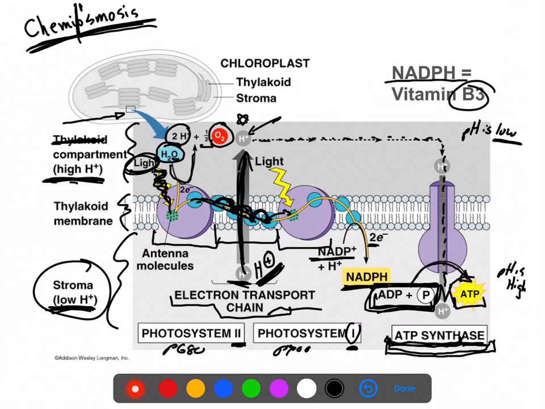And that acid is powering up the enzyme ATP synthase so that it can do this reaction: attach ADP with phosphate and create the second important product of the light reactions. The first one was NADPH. So these 2 products are very important because they are going to feed the Calvin cycle, and that's a separate lecture. Okay, so I want you to review this diagram. It's the simplified diagram.